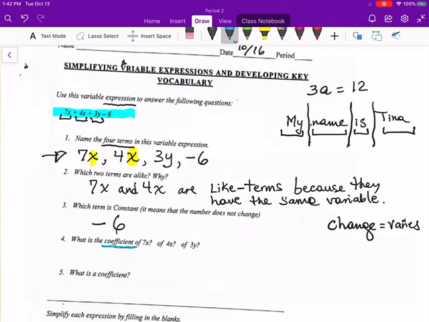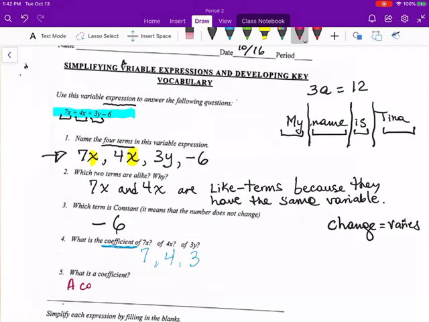So coefficient is the number that stands next to the variable. We usually put it in the very front. So the coefficient of 7x is 7, the coefficient of 4x is 4, and the coefficient of 3y is 3. Now that we know that, we can answer what is a coefficient?